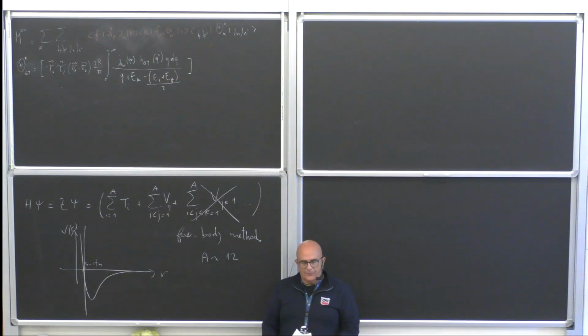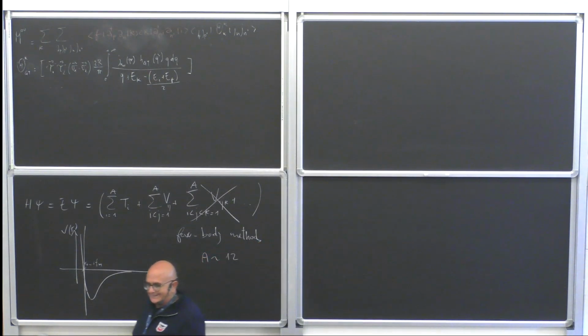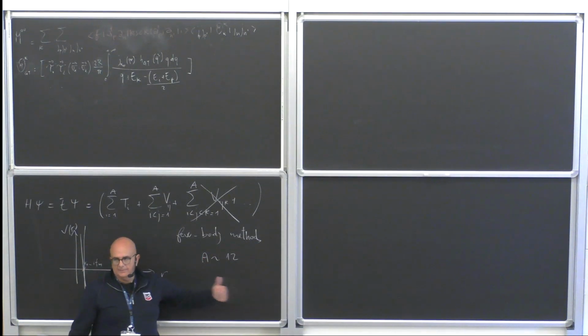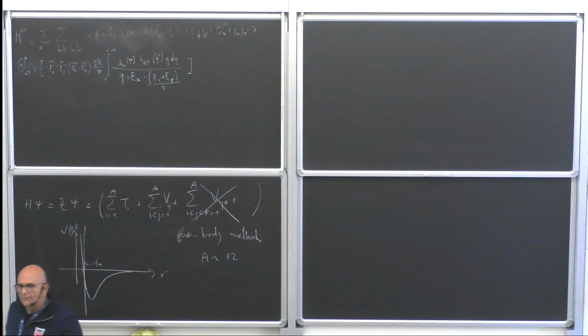So let's say that nuclear models that consider the physics between A equal 4 and A equal 12 are almost exact. But from 12 on, where most of the nuclei of experimental interest are, you need to deal with many body methods.